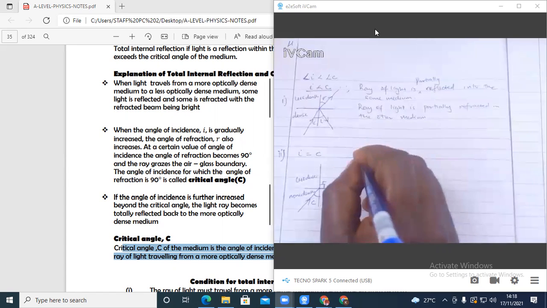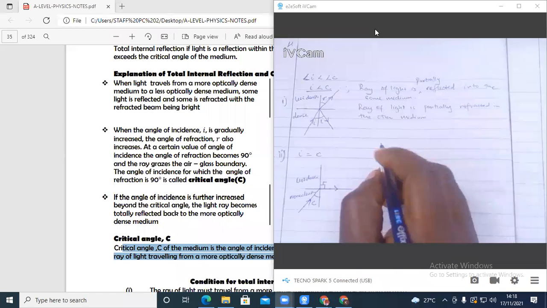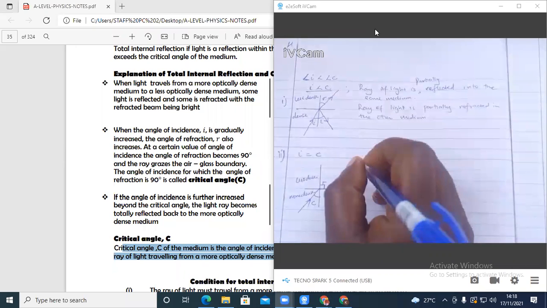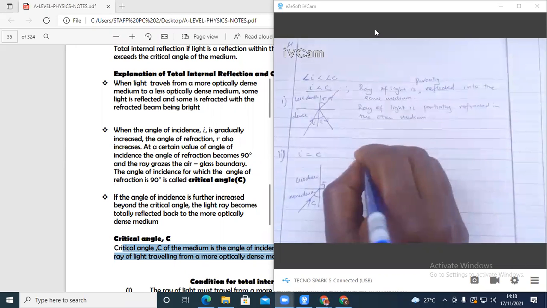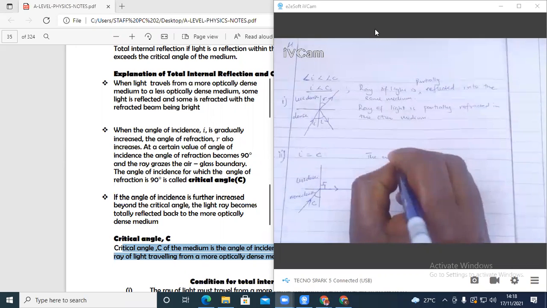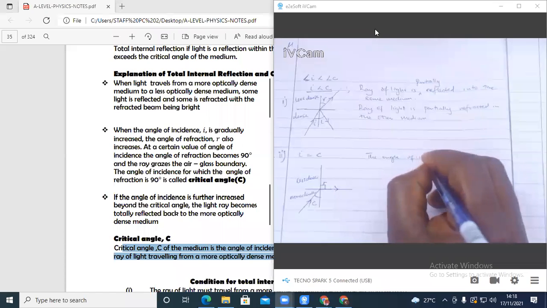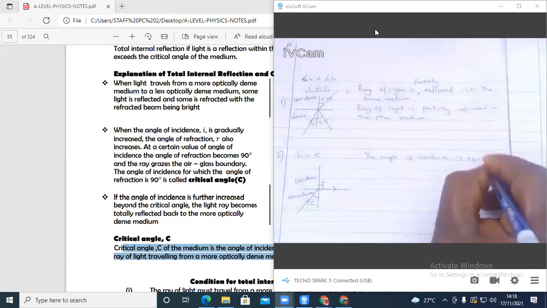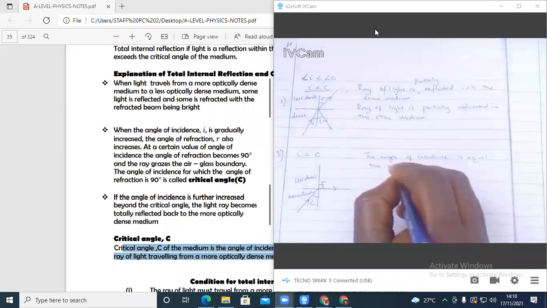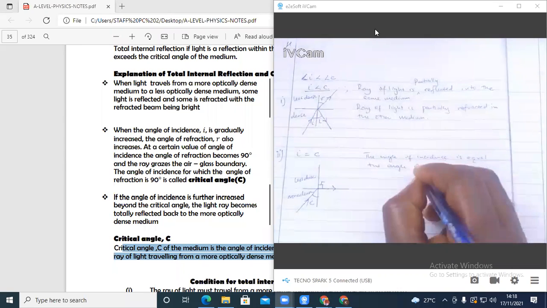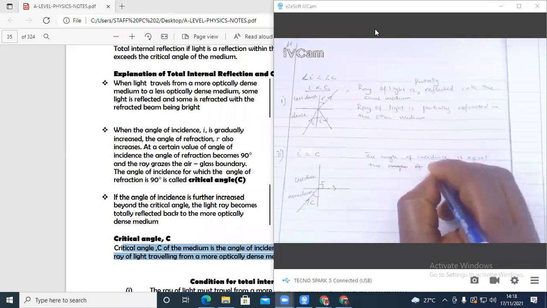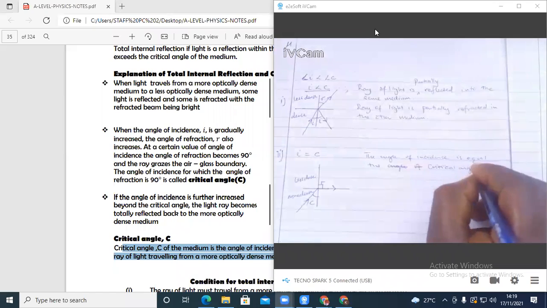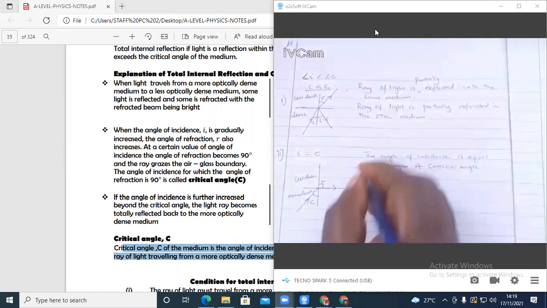So here what you have to note is that the angle of incidence is equal to the critical angle.